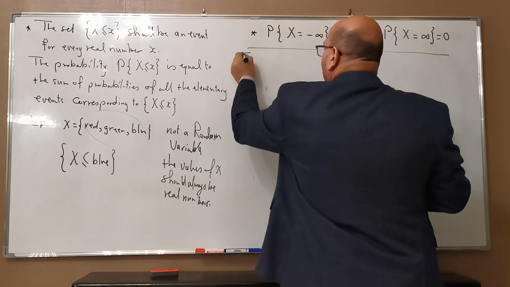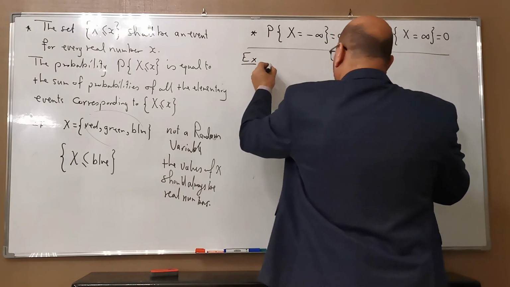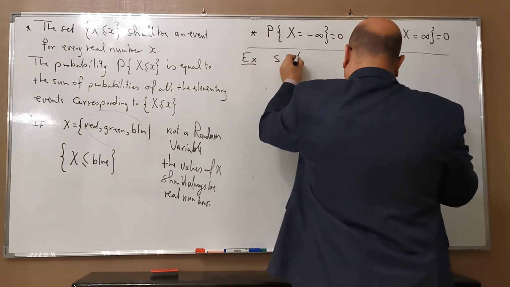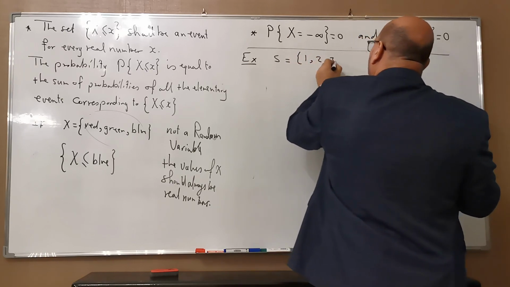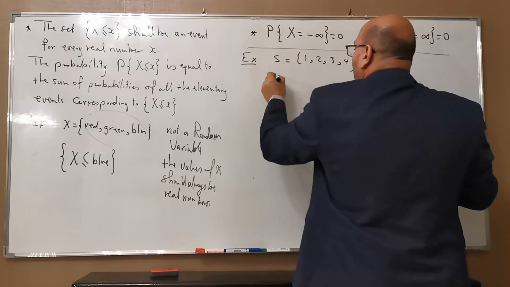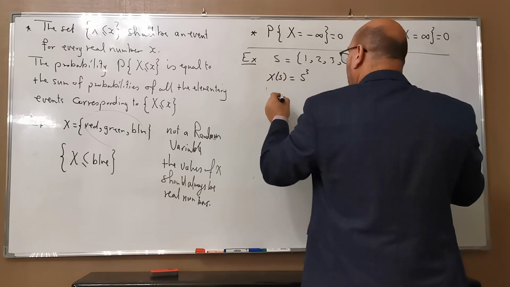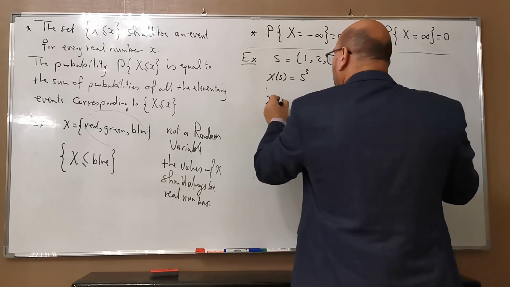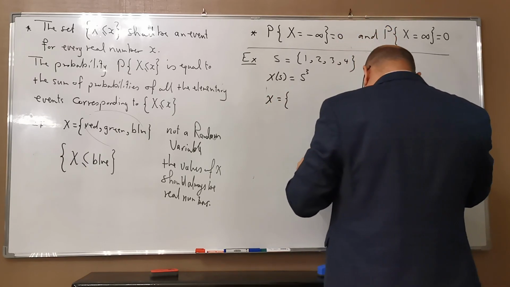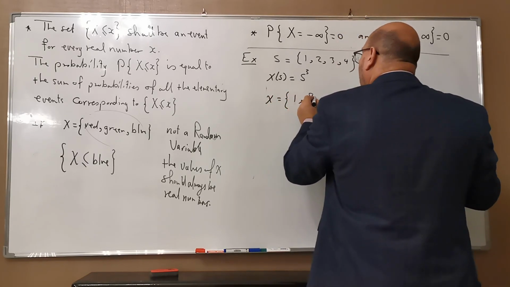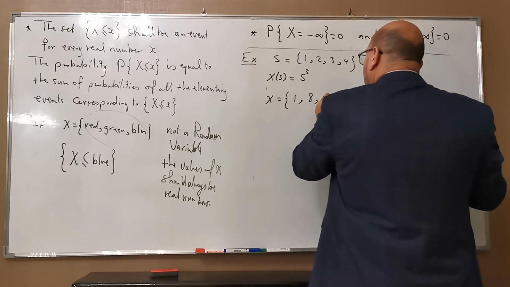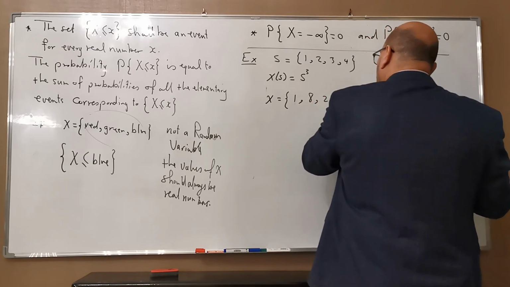Let's take a small example. If we have s equal to 1, 2, 3, and 4, and we have x of s equals s cubed, then x is equal to 1, 8, 27, and 64.